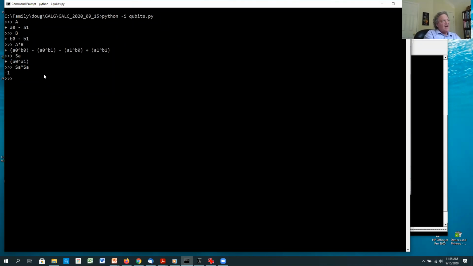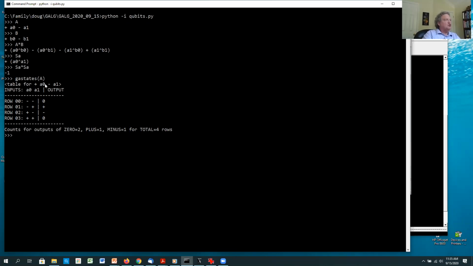So with that, since I now have A, I'm going to do GA states for this, so you can see what's going on with the GA states. Let me type here of A. I'm going to say, okay, this is a qubit, and you can think of this as in the classical state where A0 and A1 are opposite values, so it kind of looks like a classical bit, even though it's a qubit.